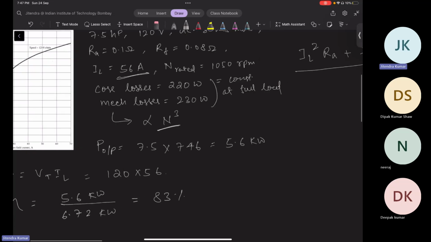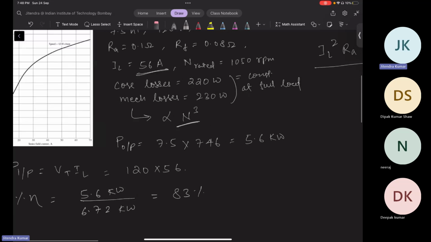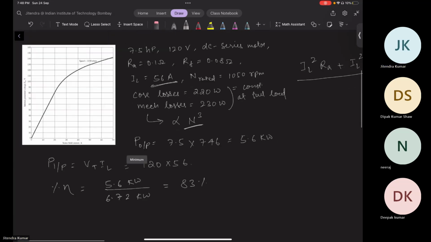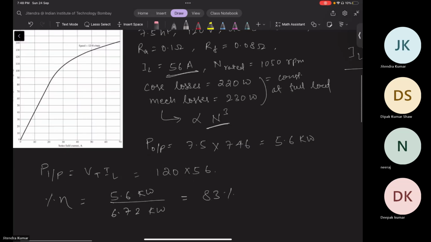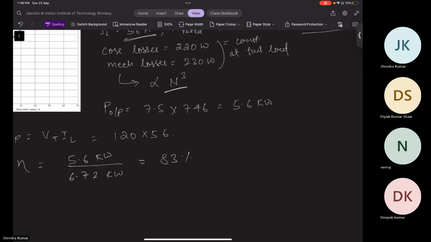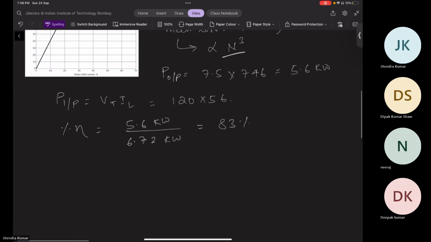And core loss is already given in this problem. So that way also you can follow. Is that fine? Okay.